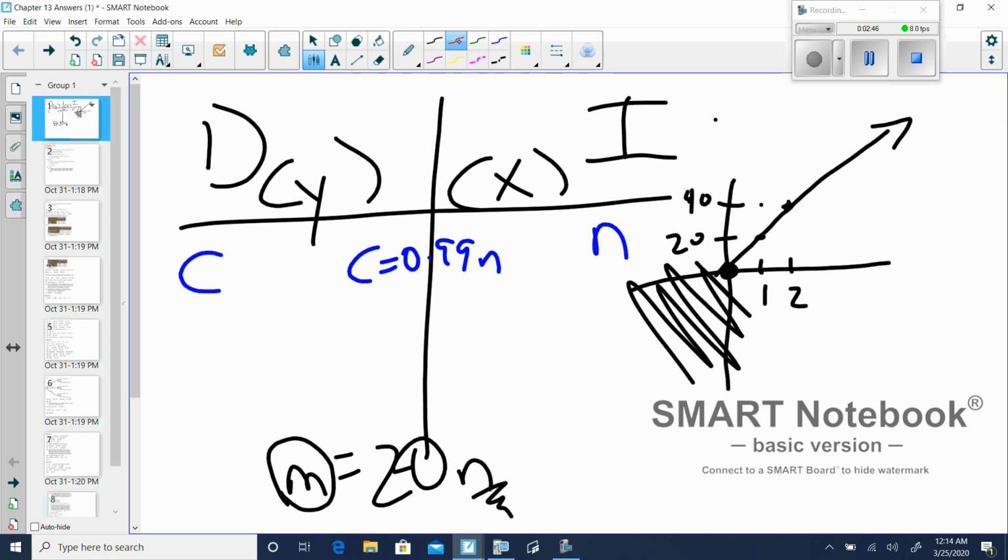The dependent variable is C. The next one, D equals 4.5h, represents the number of miles D that Amber can run in h hours. The number of miles she can run depends on the number of hours she's been running. So h is our independent variable, D is our dependent variable.